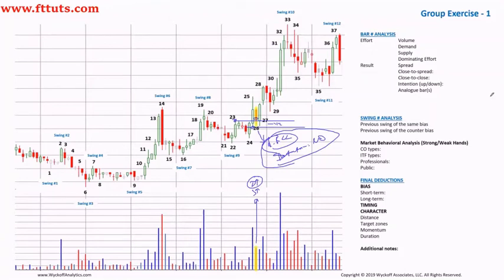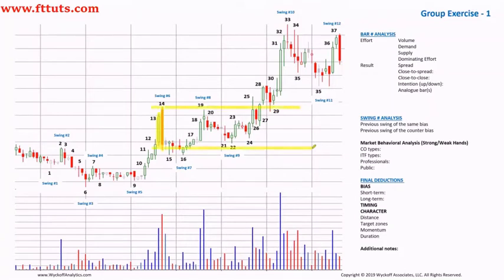Now, think of this concept in a different way. Think of this concept as the value zone where institutions are buying, right? So even though the weak hands, institutional hands, might be buying on bar number 13, bar number 13 and bar number 14 define that value zone for us, for this particular structure.